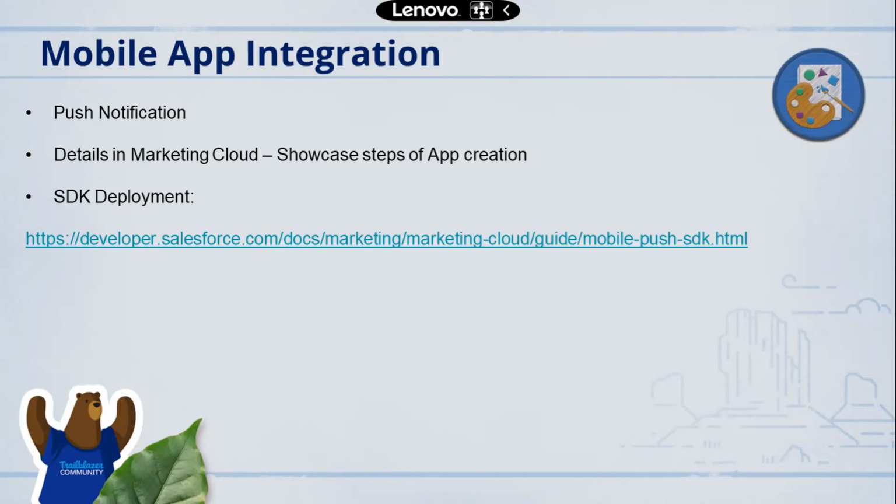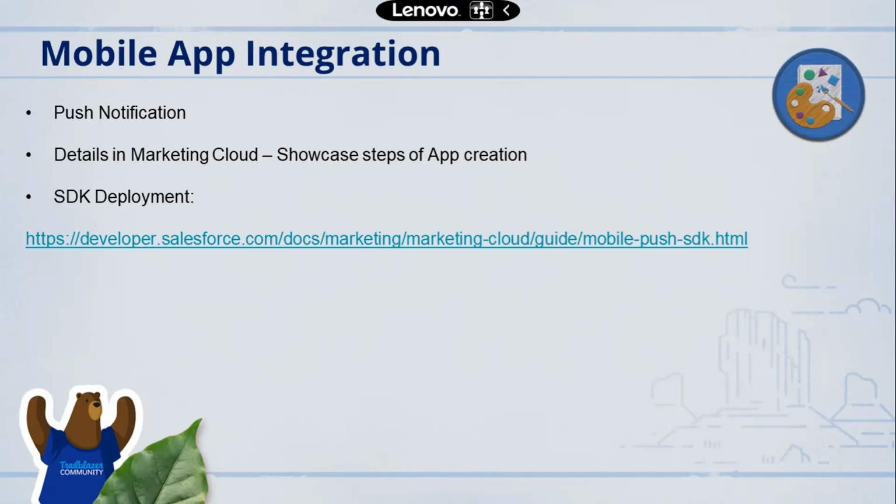Once you define the SDK in the app, let that be Android or iOS, you need to write that code and pass in certain parameters from Marketing Cloud, so that you can connect your Marketing Cloud to the app. And once that is connected, you can use it for sending push notifications.